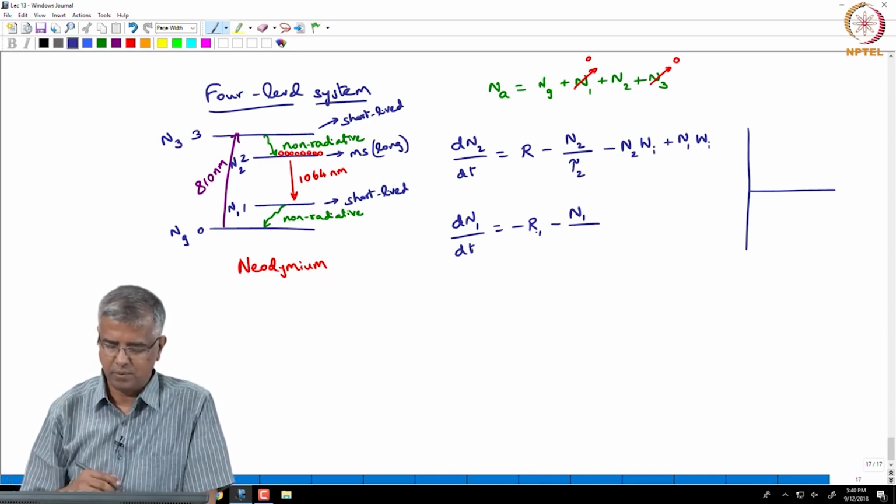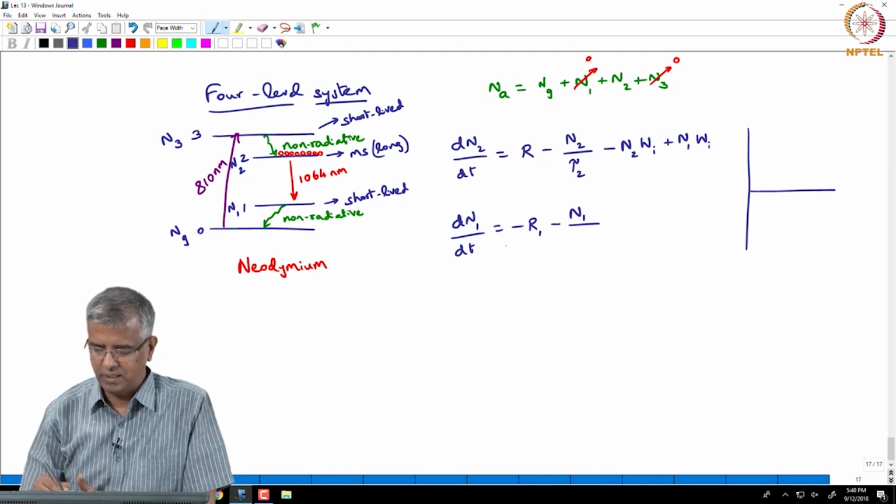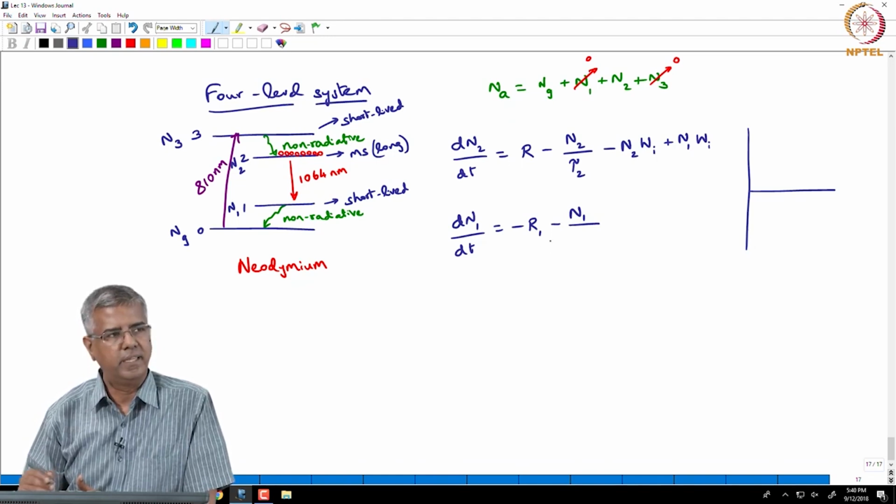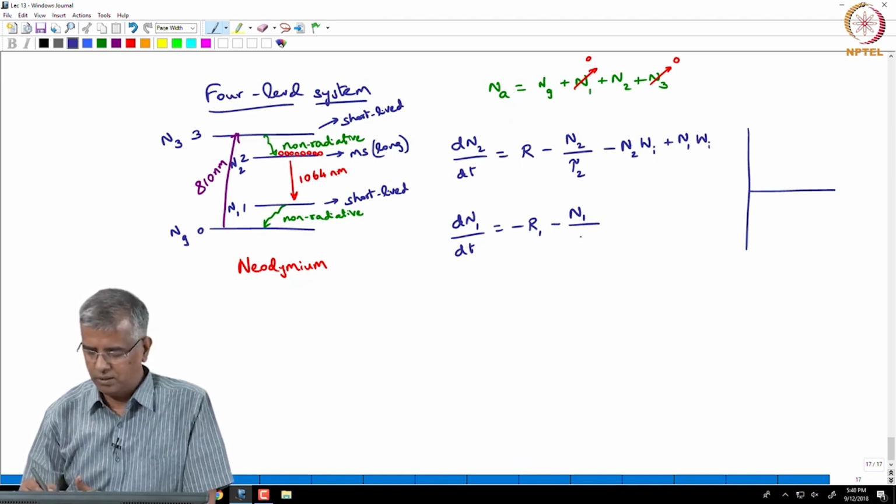In this case, we will say R1 will go to 0, because there are no other states involved here, but this is actually a generic derivation that is given in your book.